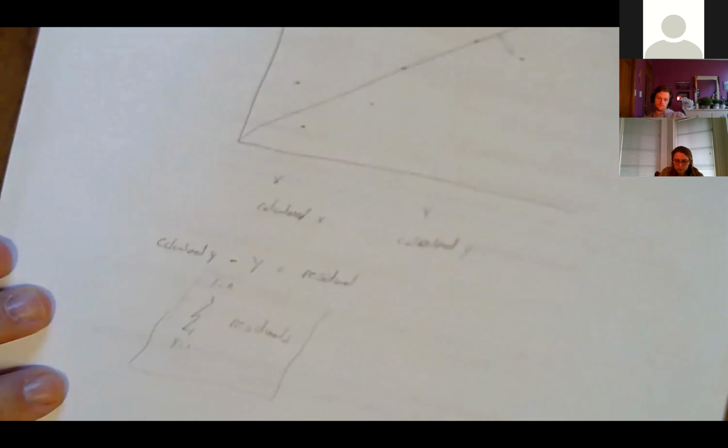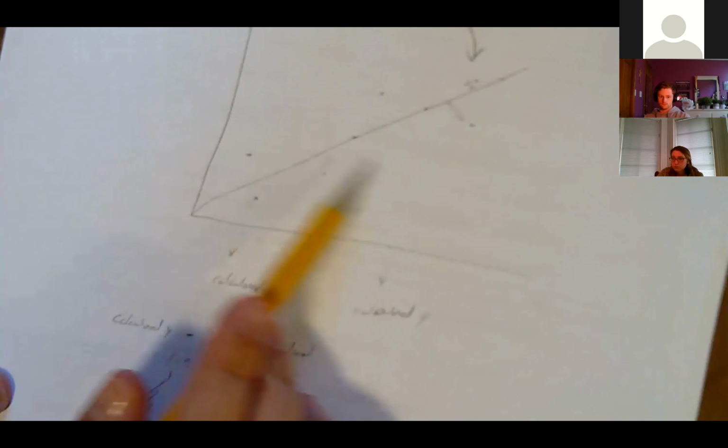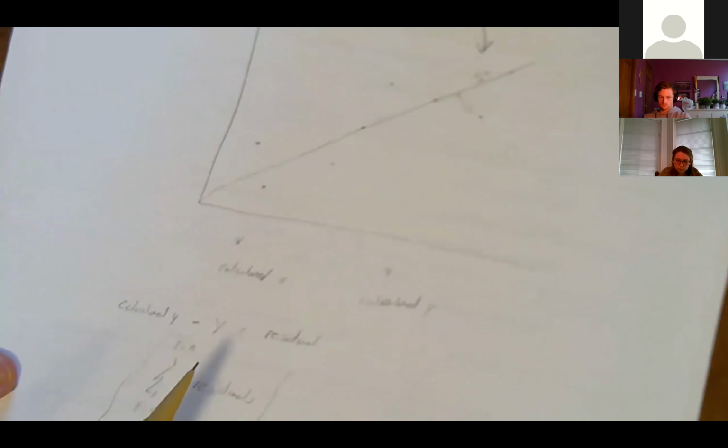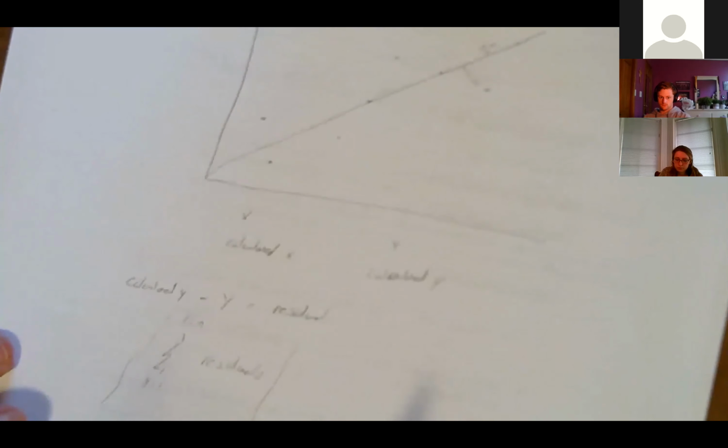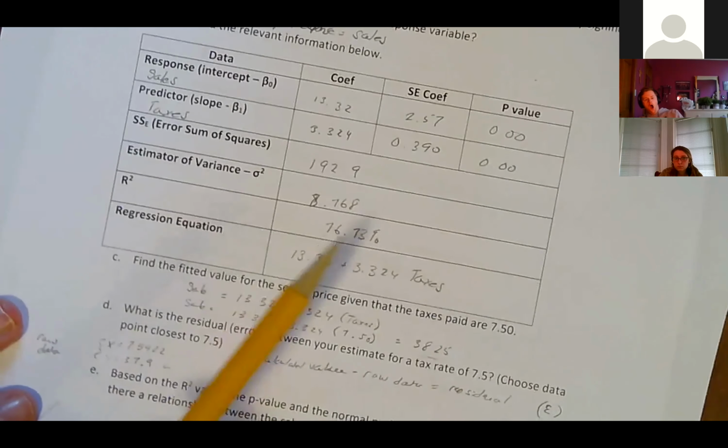How good is this model? Because it's looking at how far away these data points are. And when I sum all those up and average them out, that's telling me how good my data is. That, graphically, is what this number is here, mathematically. And that's why this R squared is so important.